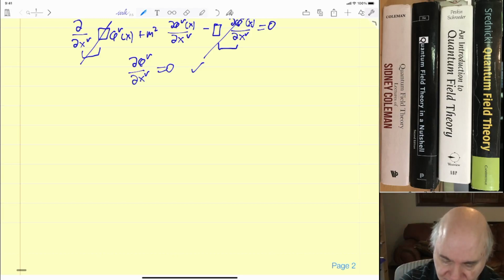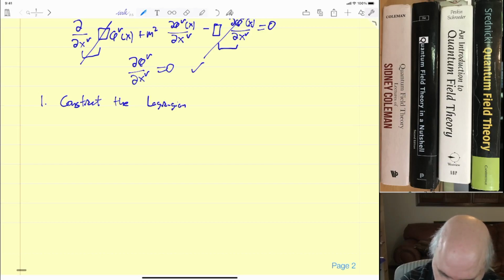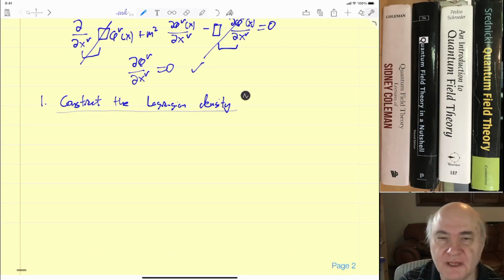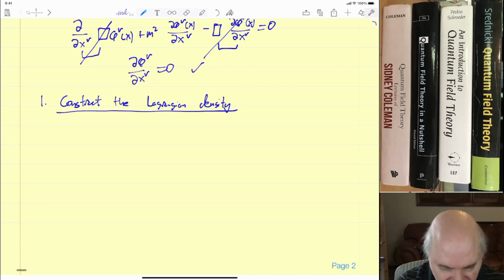The next part of the problem is to construct a Lagrangian density. As I mentioned earlier, a lot of times you can just eyeball it and figure out the Lagrangian density, but I'm going to go painfully slowly because there are a lot of indices going on here.